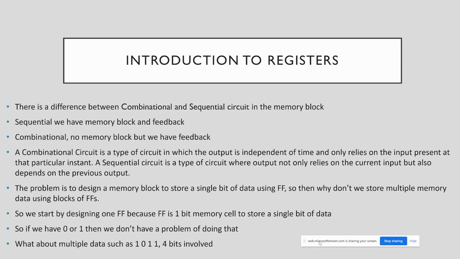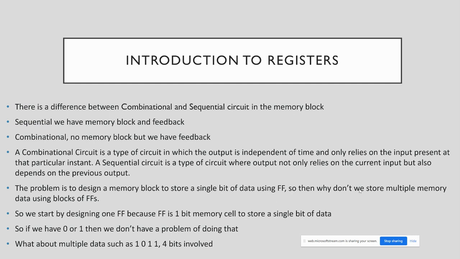A combinational circuit is a type of circuit in which the output is independent of time and only relies on the input present at that particular instant. A sequential circuit is a type of circuit where the output not only relies on the current input but also depends on the previous output.